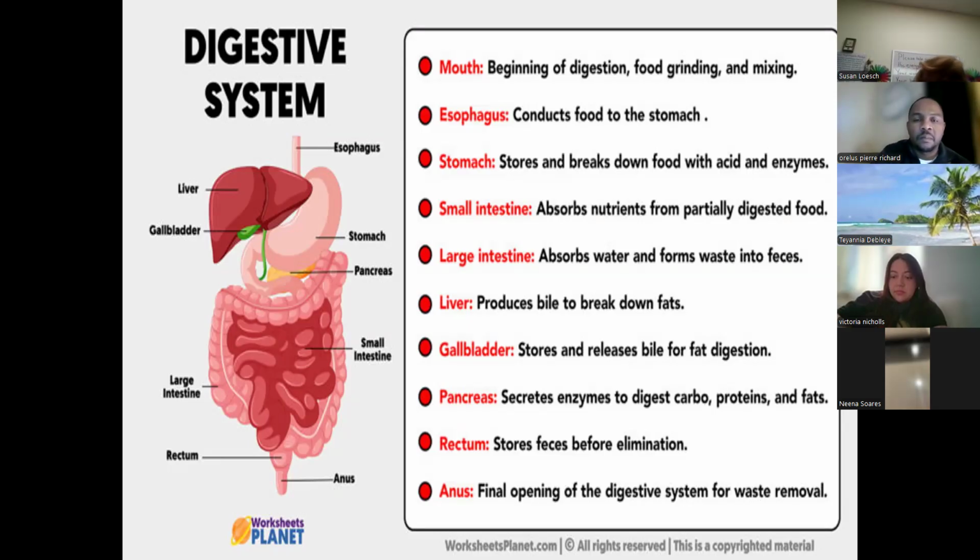So it's going to form that stool into feces. The liver provides bile, and that bile helps break down the fats. Now, the gallbladder is where that bile is stored for the digestion of the fat. So that's why when people don't have a gallbladder anymore, it's not just that fatty fried foods affect them when the gallbladder is going bad.